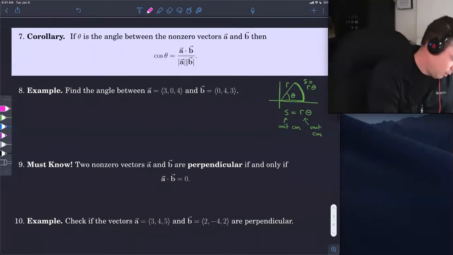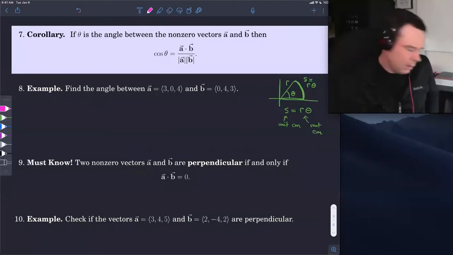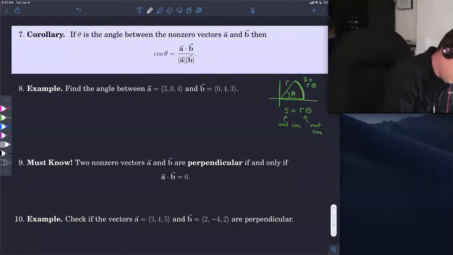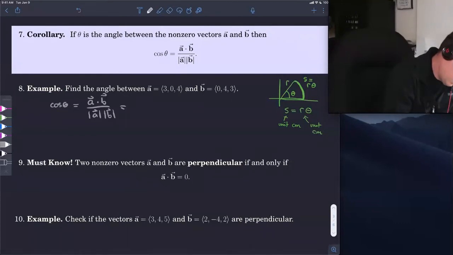All right. So let's go ahead and use this result now. We're going to find the angle between A and B. So cosine of the angle theta is going to be A dot B divided by the magnitude of A times the magnitude of B. And that's the thing we're going to want to compute. So we dot these two.